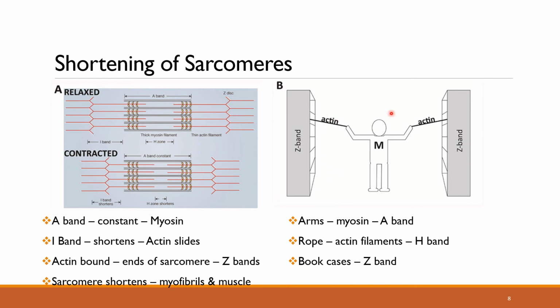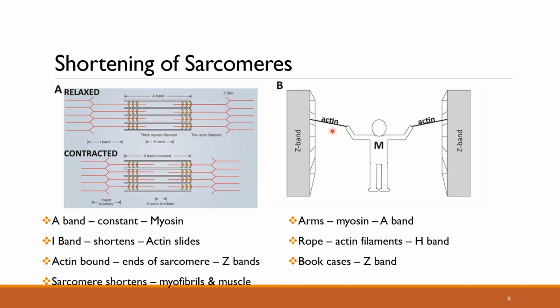So here what happens is the man does not move his arms. The arm lengths remain the same, that is, they do not change, which is analogous to the A band. He only pulls the Z bands, that is the bookcases, with the help of the rope.